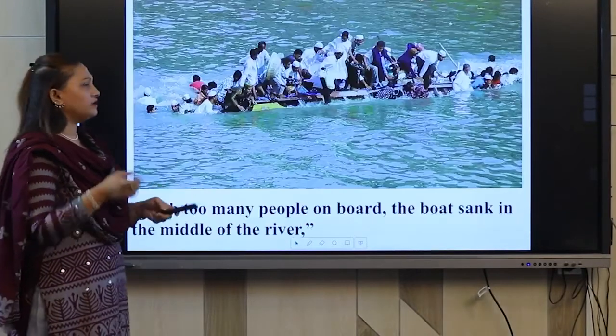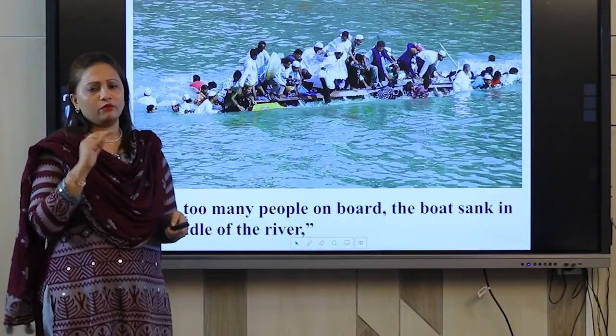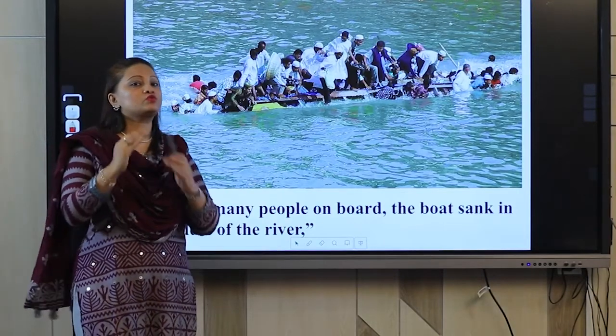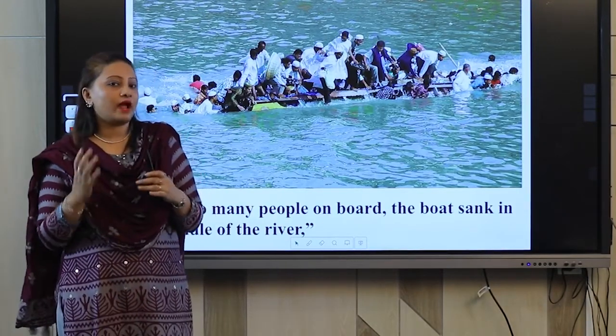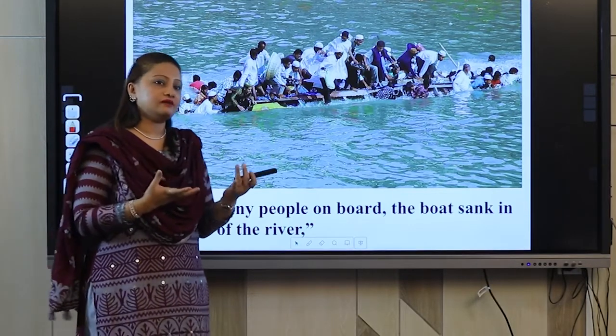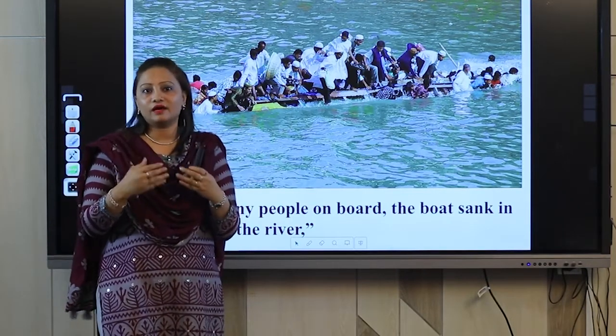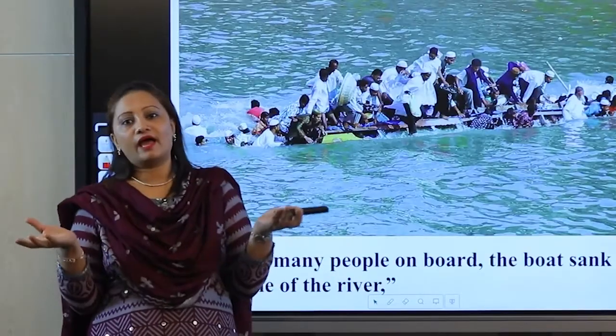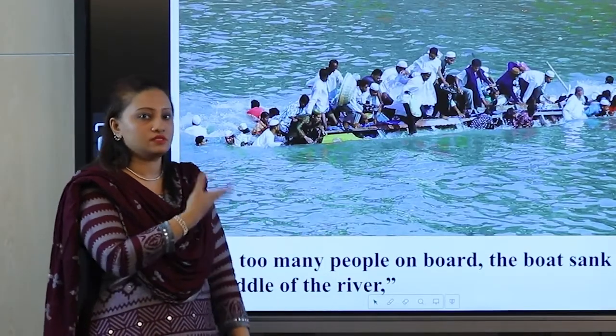I think the students who had their childhood in the village actually know how to swim. From their grandparents, from their dad, from their uncle, they become learners of how to swim. But I don't know what will happen whenever I get into this trouble.